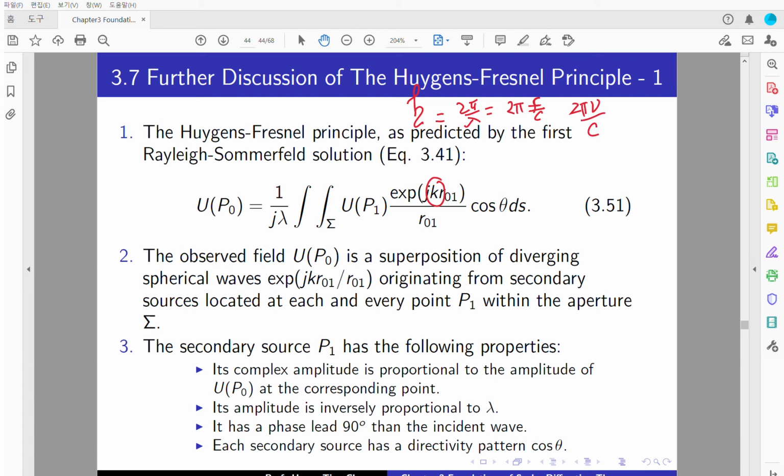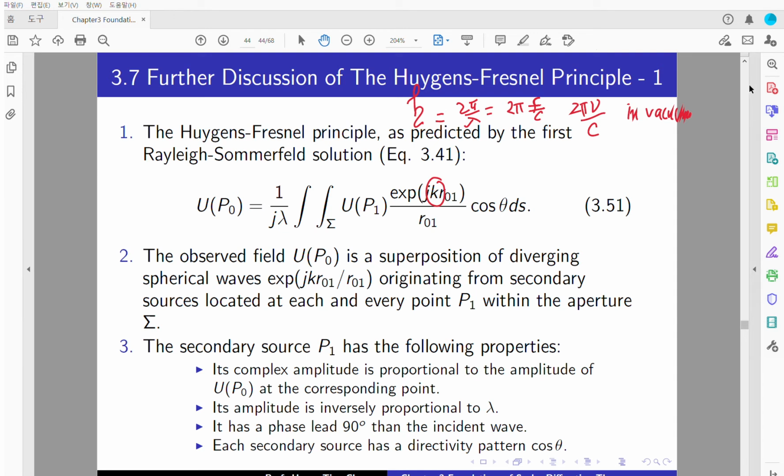So in a vacuum. For the time being, let us assume that we are thinking about light propagation in a vacuum.